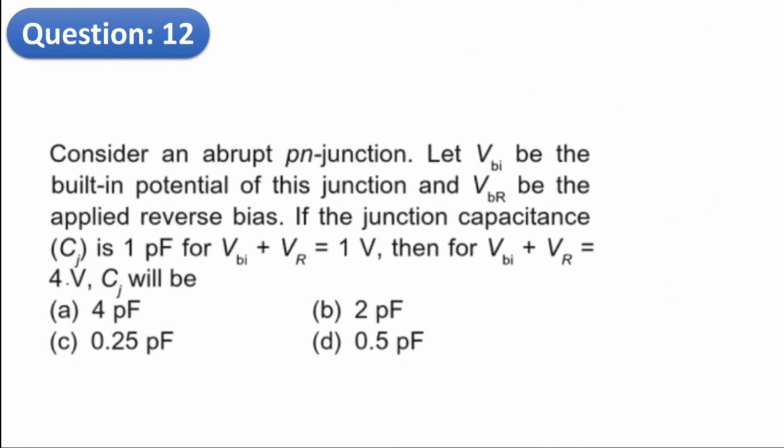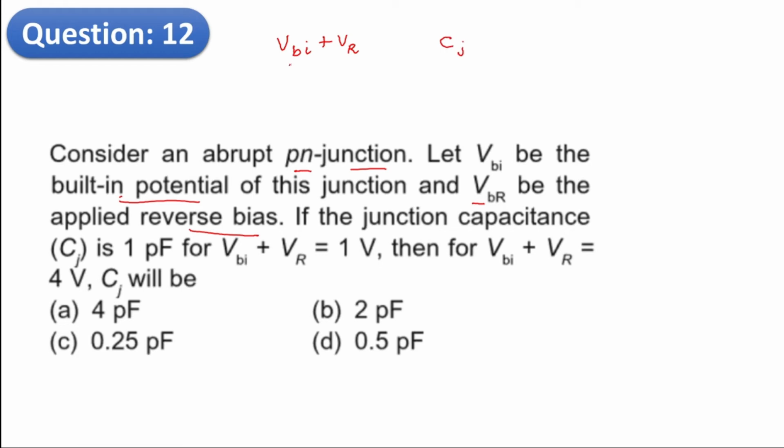Okay, now question number 12. Consider an abrupt PN junction. Let VBI be the built-in potential of this junction, and VR be the applied reverse bias. If the junction capacitance CJ is 1 picofarad for VBI plus VR equal to 1 volt. So the given part is VBI plus VR and CJ.